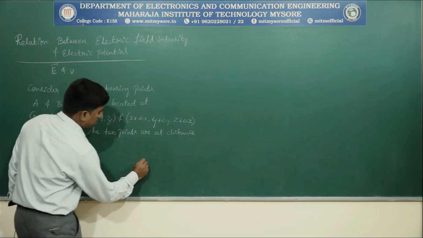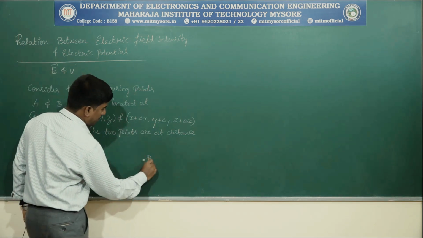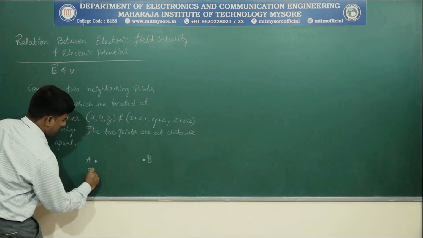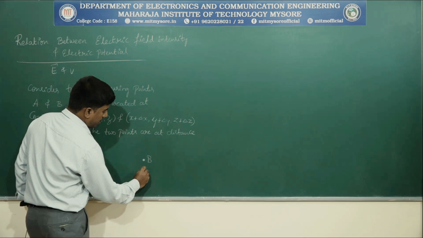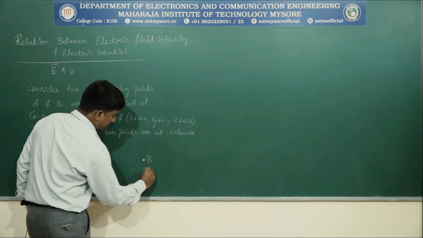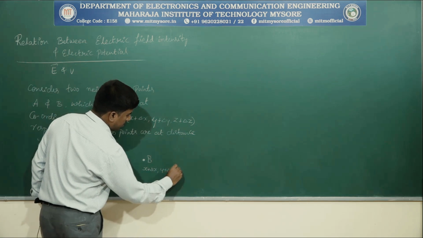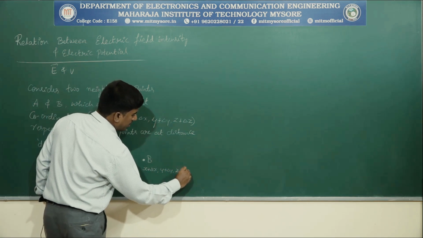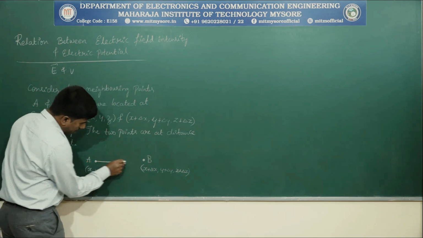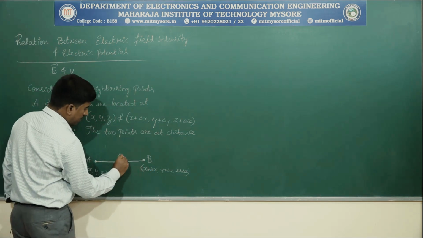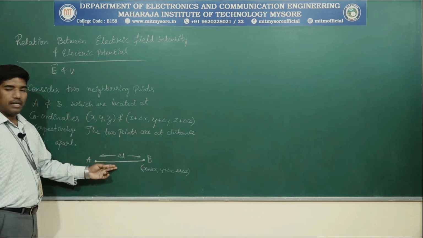Point A is at coordinate x, y, z, and point B is at coordinate x plus delta x, y plus delta y, z plus delta z. Okay, this is the coordinate. So these two points are delta L apart. The distance between these two points is delta L.